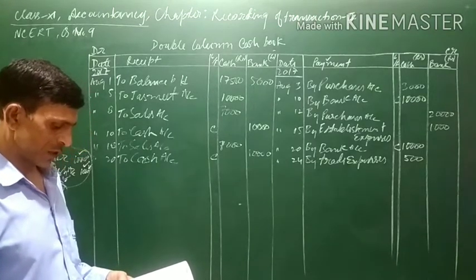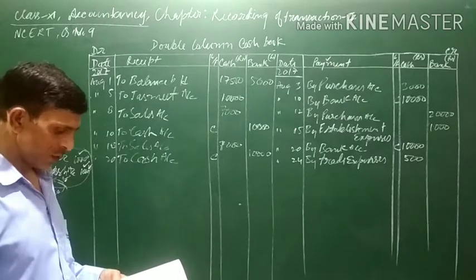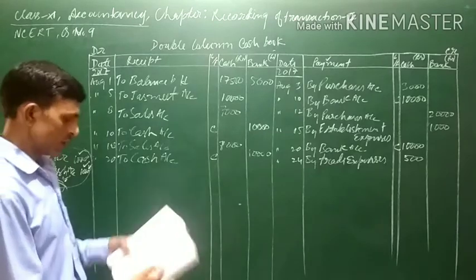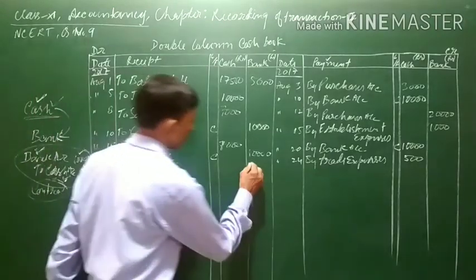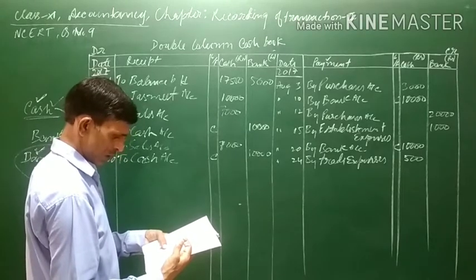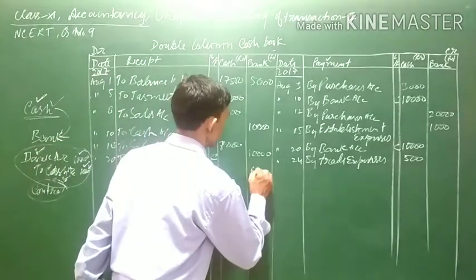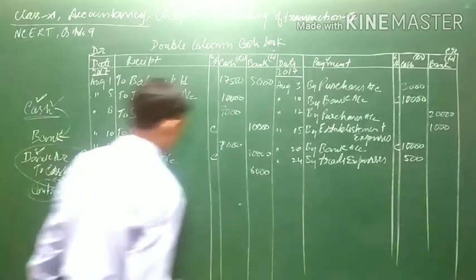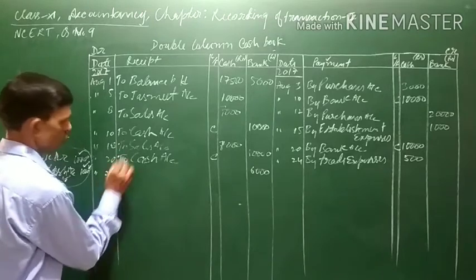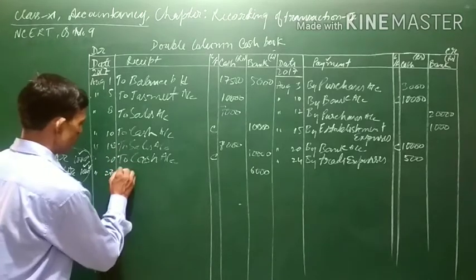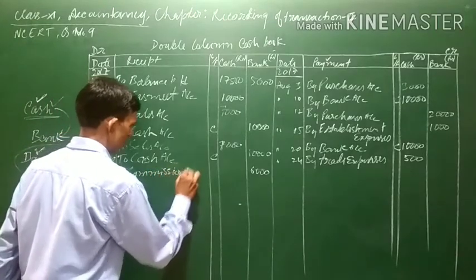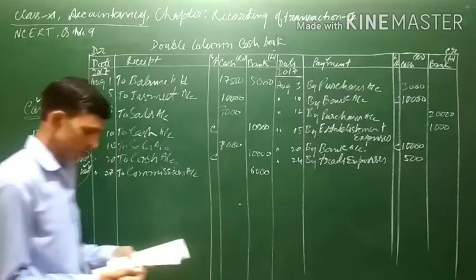Since this commission was received through check, it will be written in the bank column. The commission is 6,000. 6,000 will be written in the bank column on 27th, to commission. This amount is being received on account of commission.